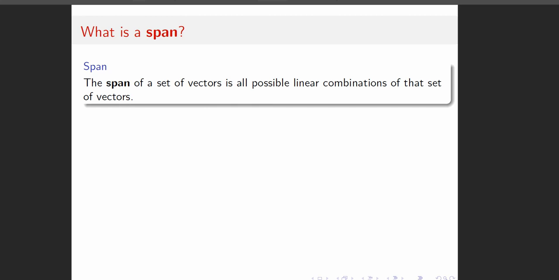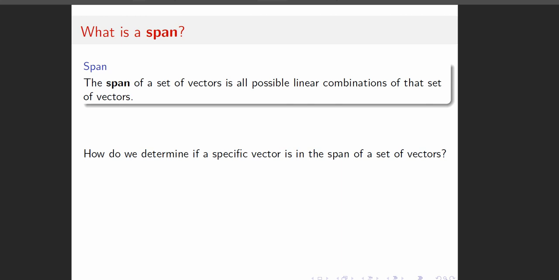The span of a set of vectors is the set of all possible linear combinations of that set of vectors. Then we're going to ask the question, how do we determine if a vector is in the span of a set of vectors? Well, it turns out we can row reduce.